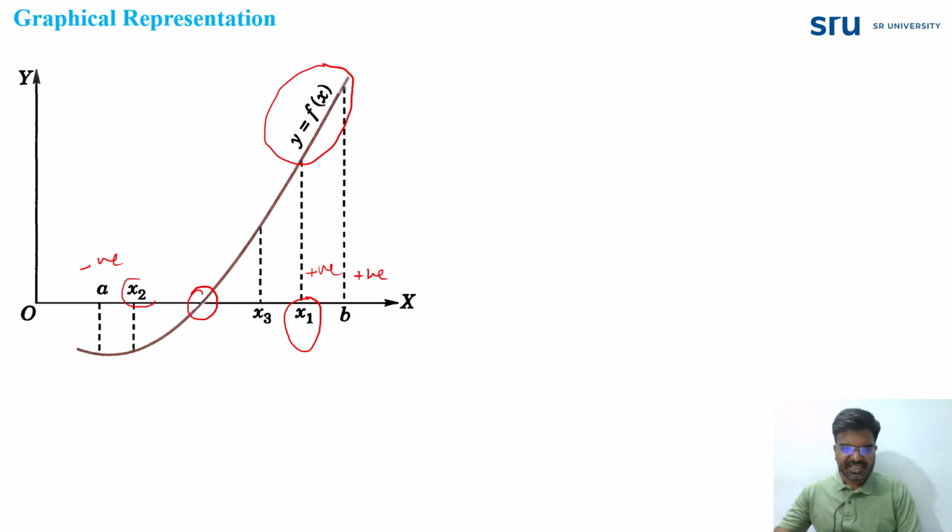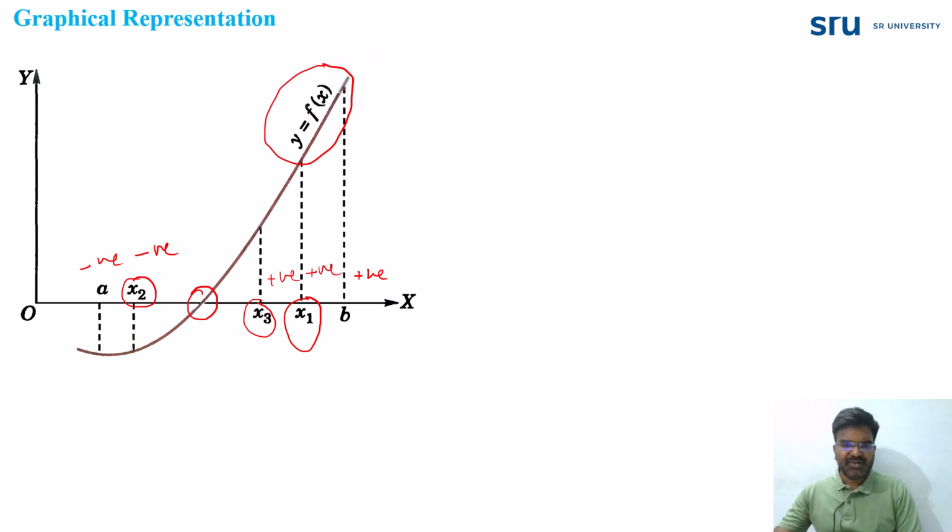Suppose the midpoint is x2. At x2, you can see the value of the function is negative. Now the root of the function lies between x2 and x1. So we take the midpoint of x2 and x1, which is x3. At x3, again the function is positive.